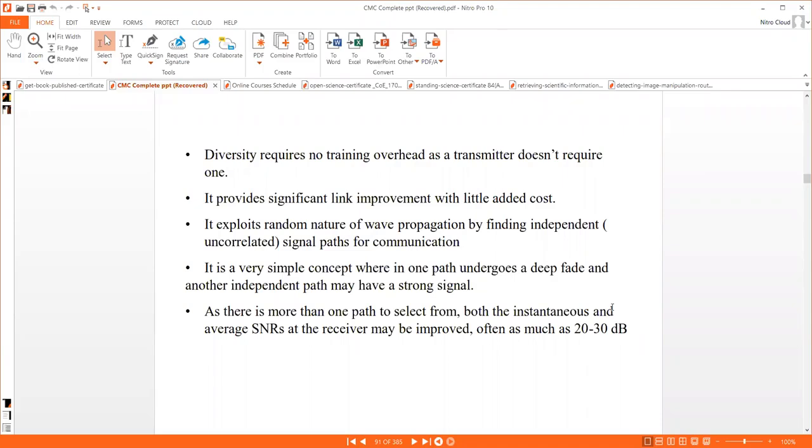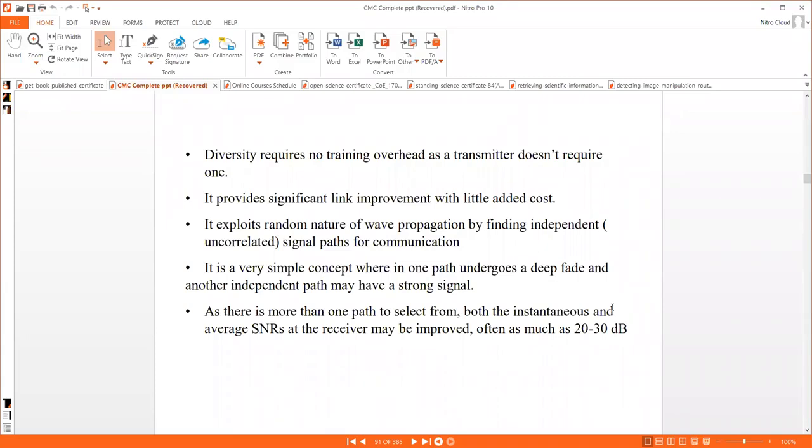Now, it provides significant link improvement with little added cost. Why is it saying little added cost? Because we are going to add some antennas at the receivers. That is the reason it says little added cost, meaning equipment cost is going to increase a little bit, not that much.